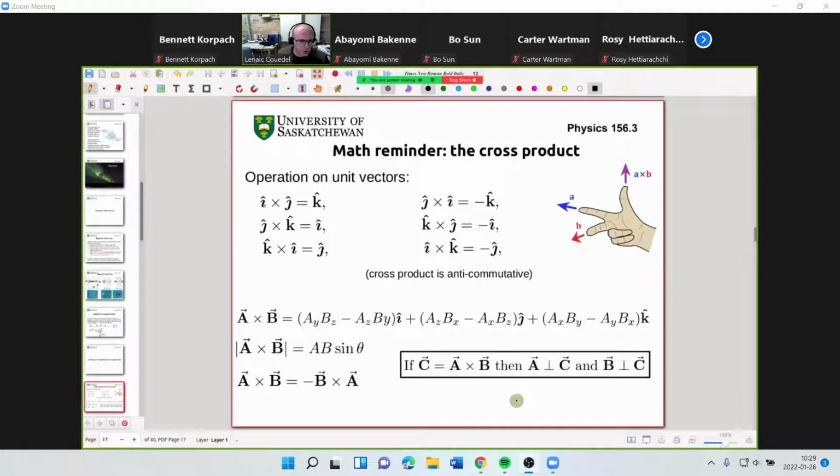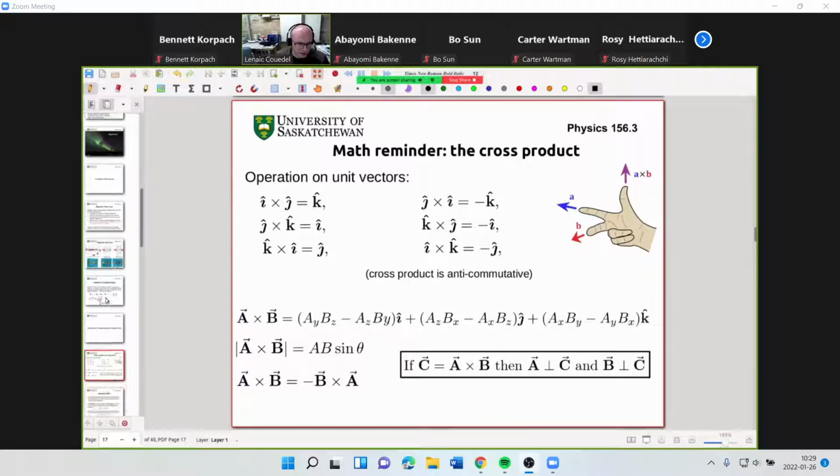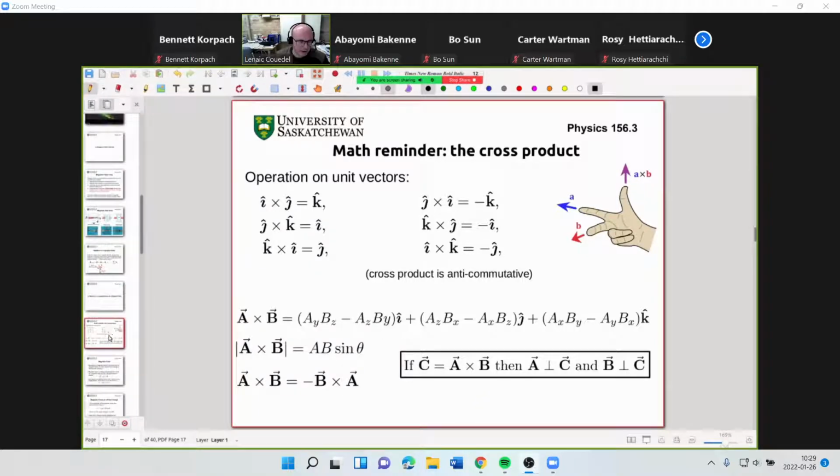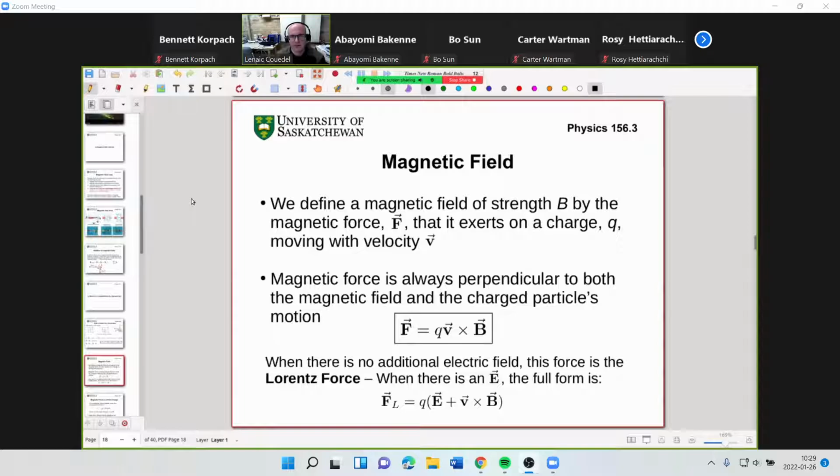No, so you should normally have seen that in math already. And it's very important you understand how to use it. So I will now tell you why. Because in a magnetic field, so if you have a magnetic field of strength B, then you have a magnetic force created on a charge Q moving at a velocity V. Okay, so V is a vector here.